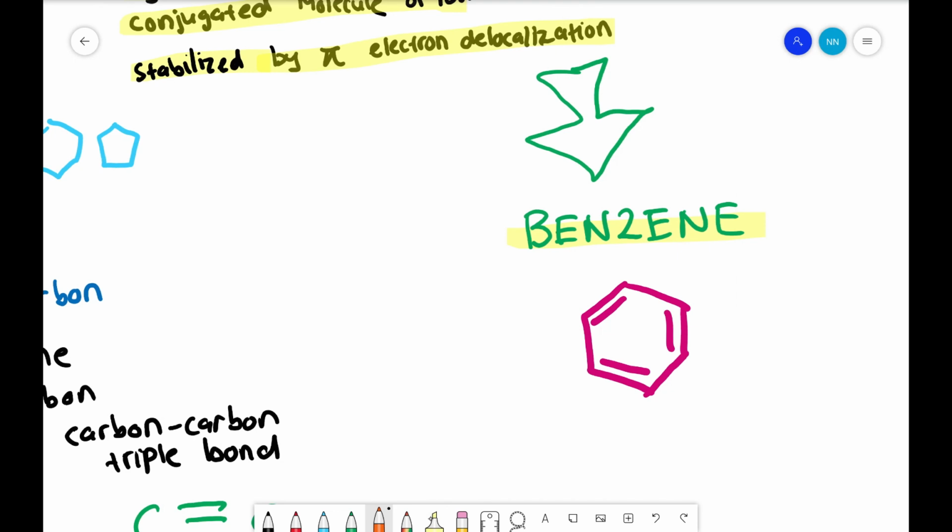Because it is cyclic, it's a hexagon shape, which is conjugated. It's a conjugated molecule which is stabilized by 6 pi electrons, so it's a 6 pi electron delocalization. You will learn this further in the following chapter, which is aromatics.